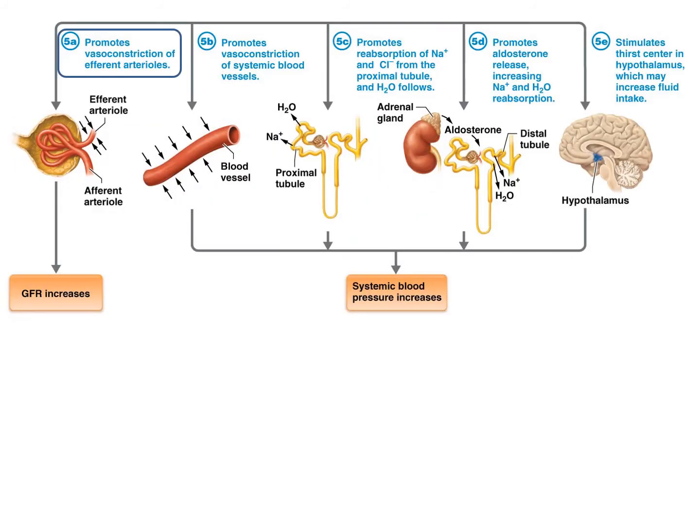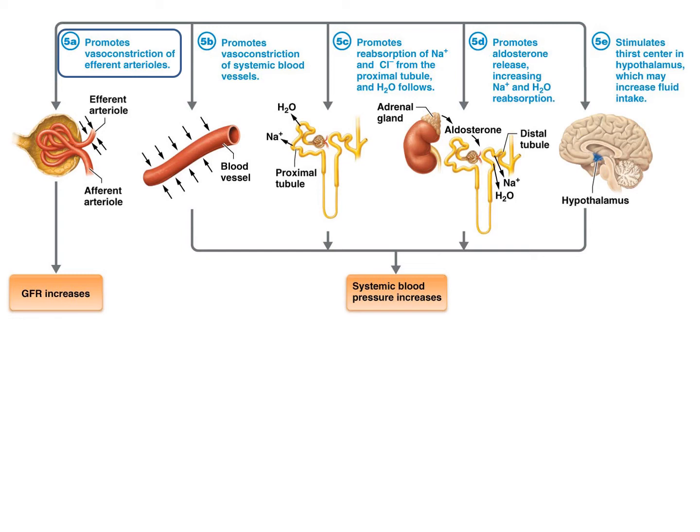Now, as we said in our discussion of the kidney, angiotensin II will promote vasoconstriction of the efferent arterioles, and this will increase GFR. In addition, angiotensin II will promote vasoconstriction of the systemic blood vessels, promote reabsorption of sodium chloride from the proximal tubules, and water will follow osmotically.